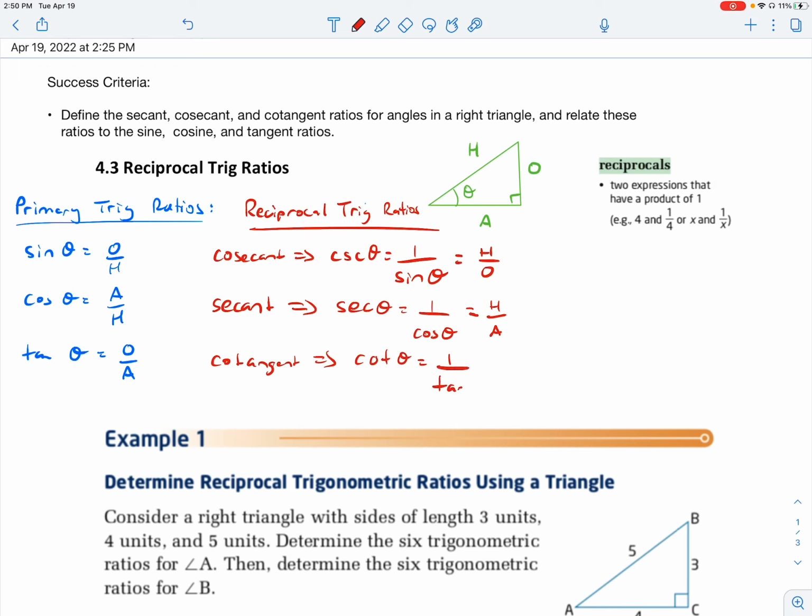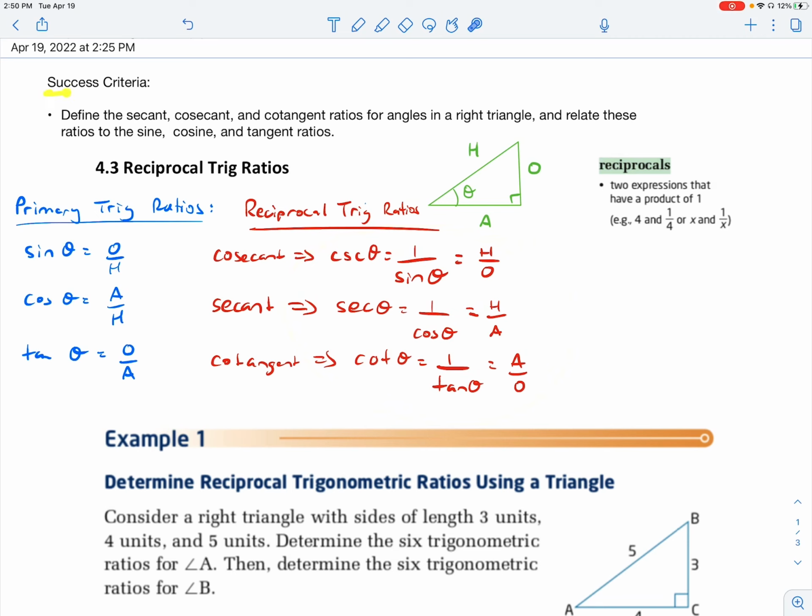So it's the reciprocal of tangent. So instead of doing over A, we have to flip it and we get A over O. So these three reciprocal trig ratios are actually really easy to come up with. If you first just do your primary ones, the next set, all you got to do is just flip the fractions. It's as easy as that.